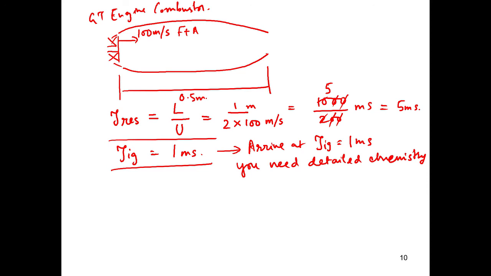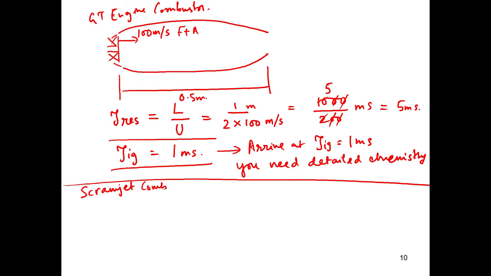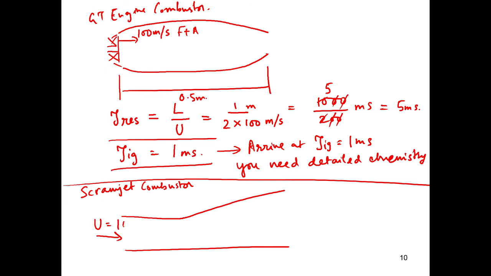This situation is even more complex in a scramjet combustor. Okay. Let us consider a scramjet combustor where the flow velocity is about 1000 meters per second, and the length is about say 1 meter.